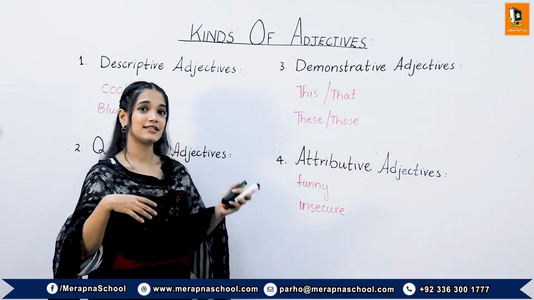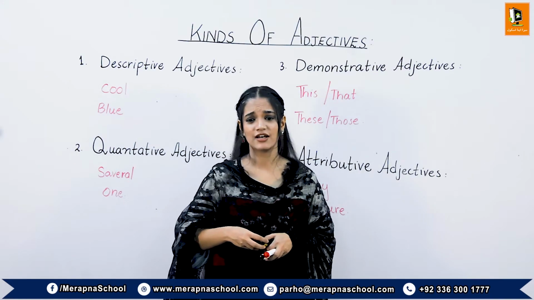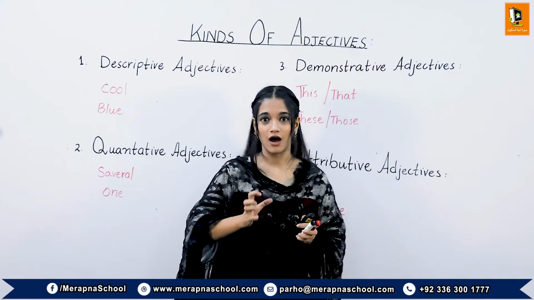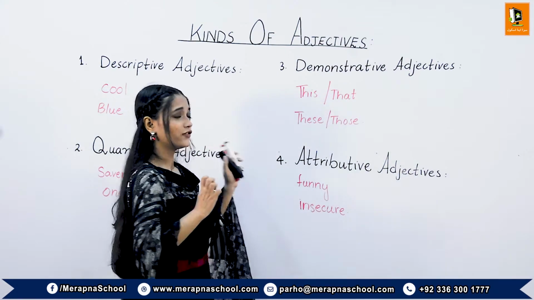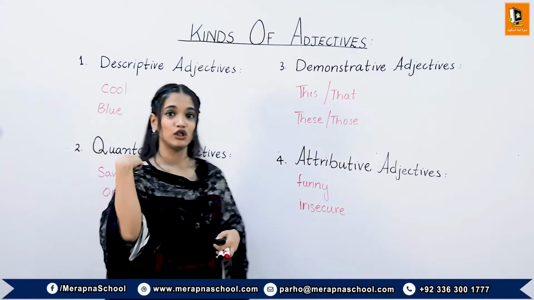Now moving on to the next kind, demonstrative adjectives. Demonstrative adjectives are the adjectives which tell which ones we mean. For example, this, that, these, those.